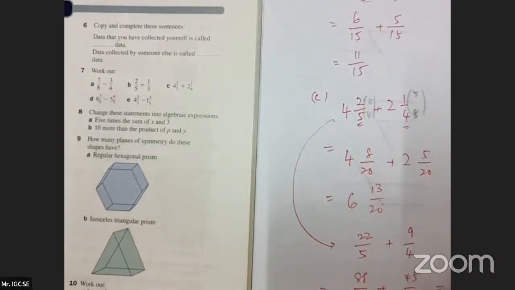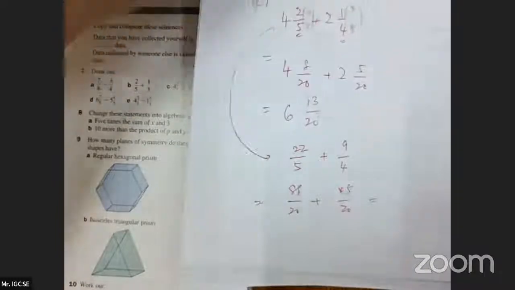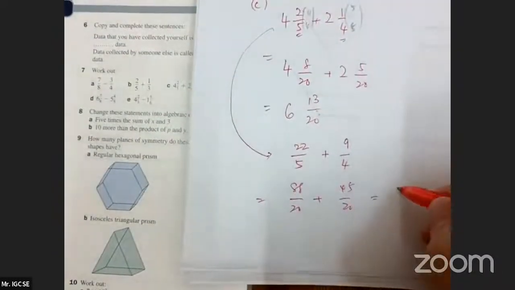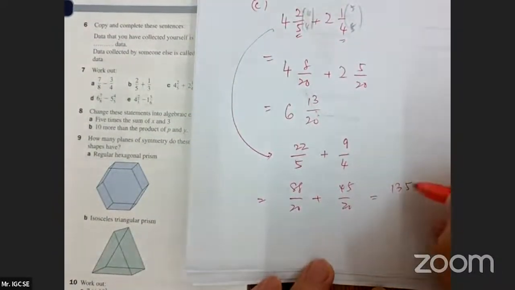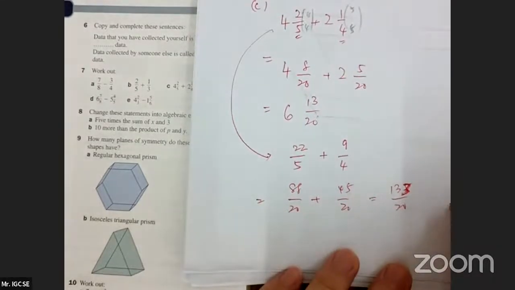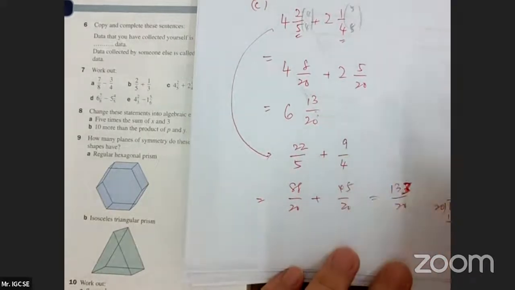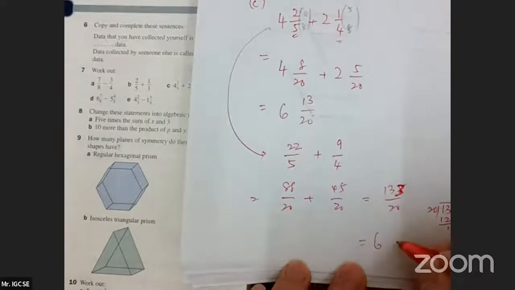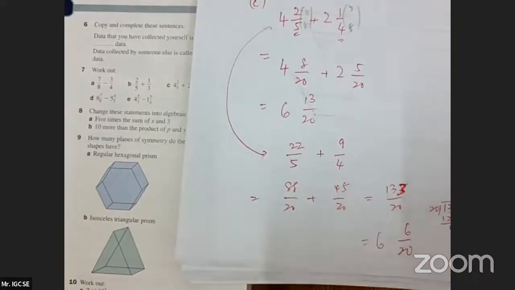So you add it together, you get your answer as 133 over 20. So you can get the answer as 6, with 13 as the remainder. So the answer is 6 and 13/20. Okay, so this is the same.